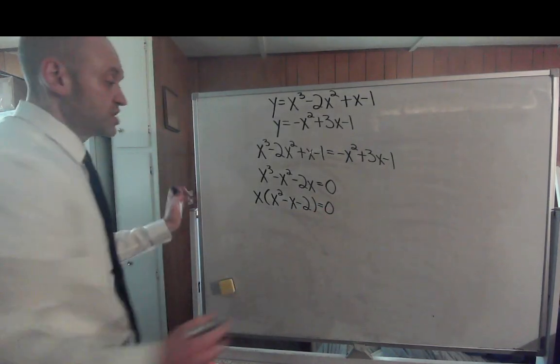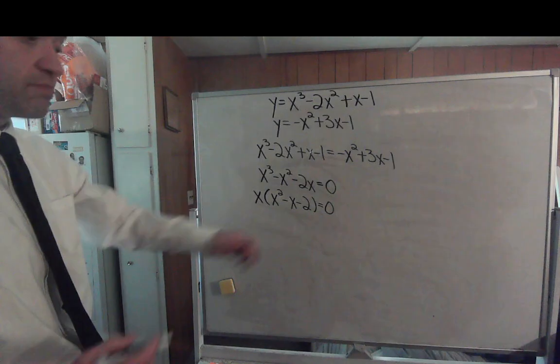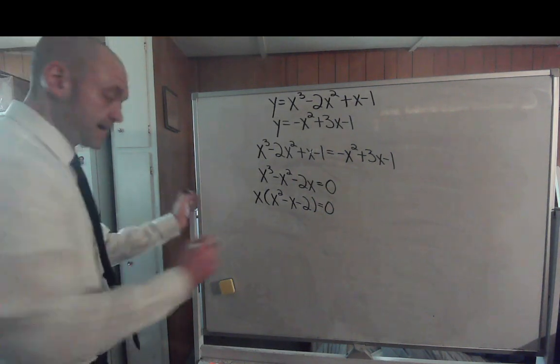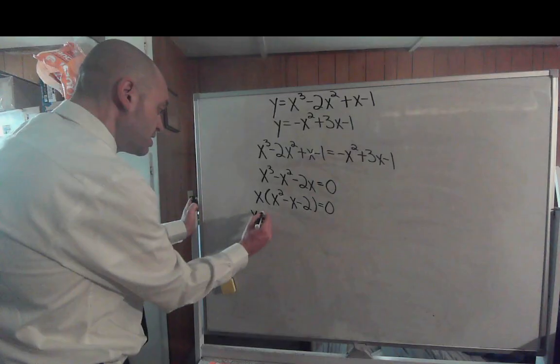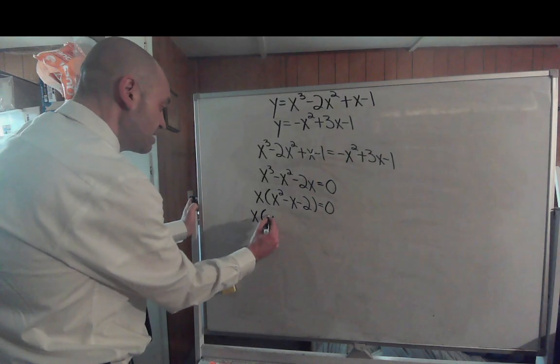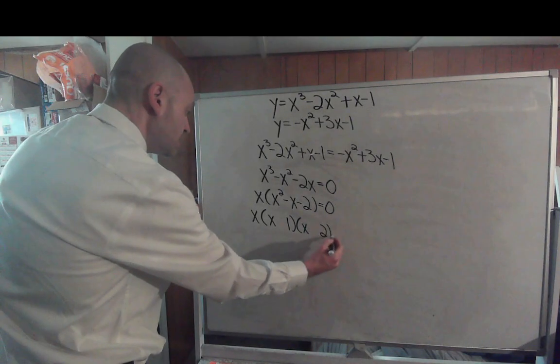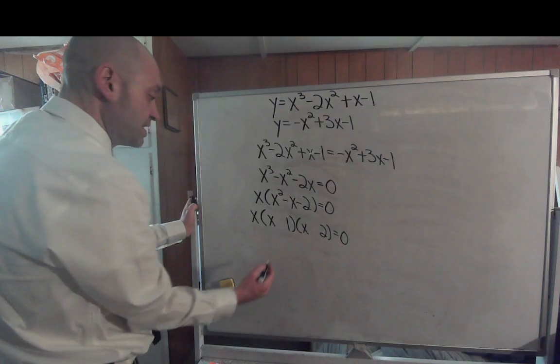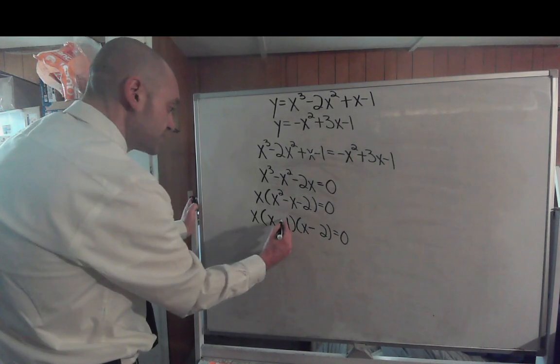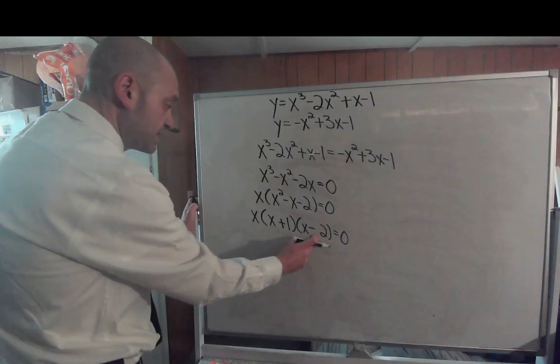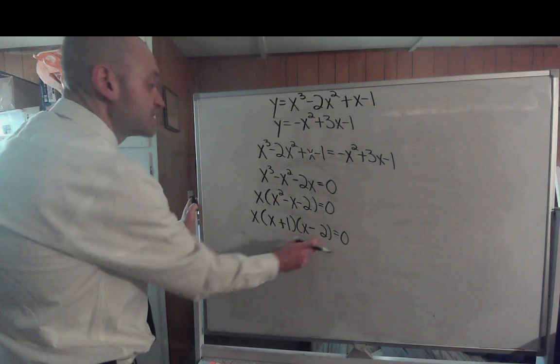Now the big question is, can we factor this quadratic factor further? I actually believe we can. If we get x times, let's see, that'd be x and 1, x and 2. So that would be minus 2x plus x, or x squared minus 2x plus x, that'd be negative x minus 2.